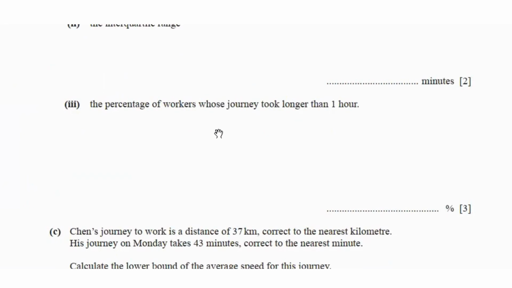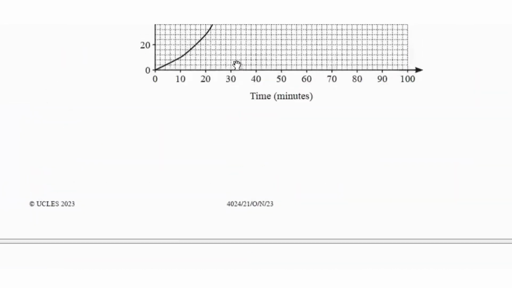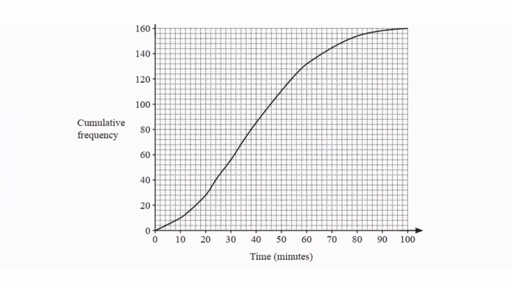The percentage of workers whose journey took longer than 1 hour. So that's going to be longer than 60 minutes. So at this point, the value is 132.